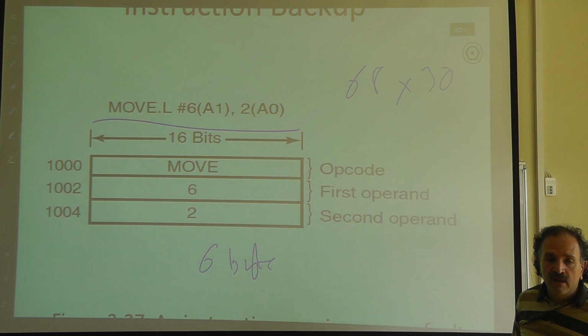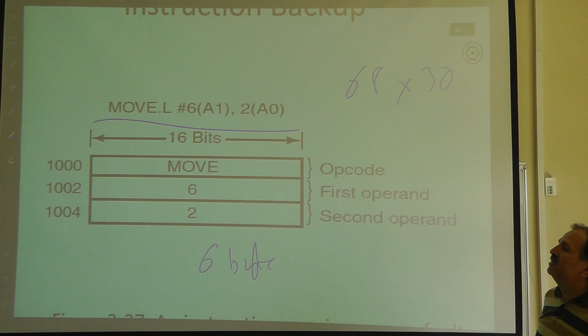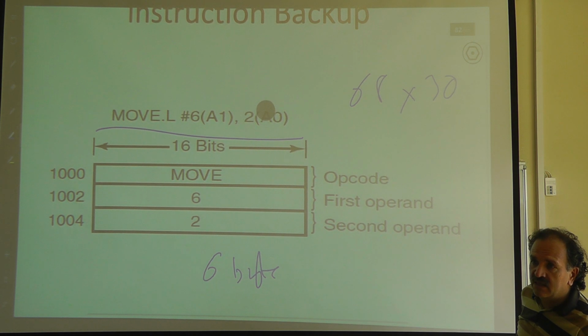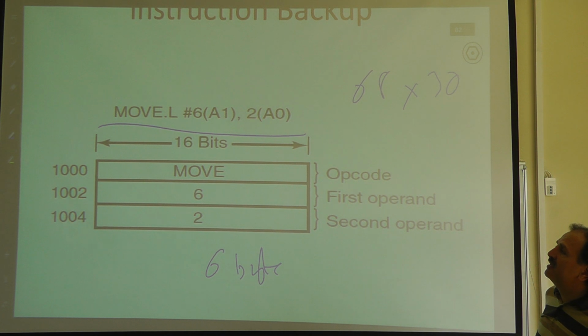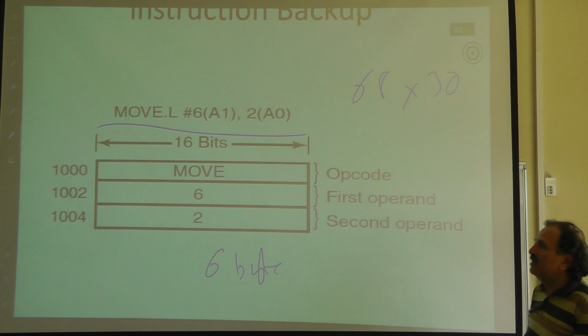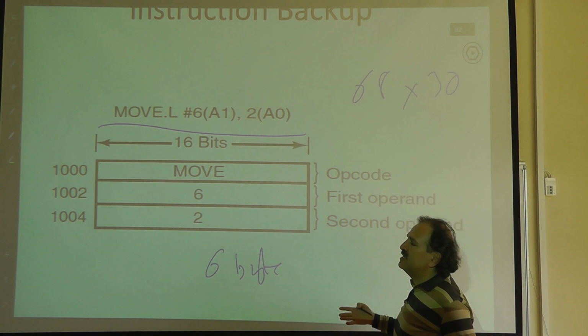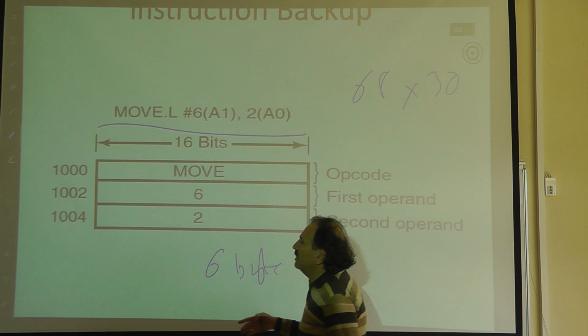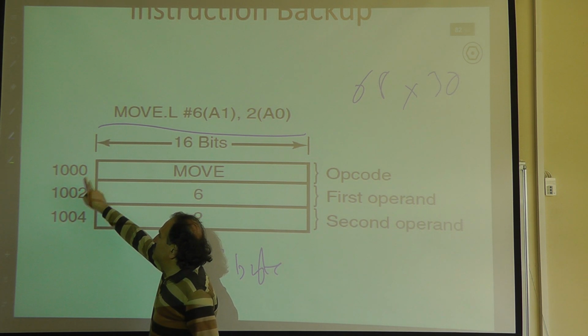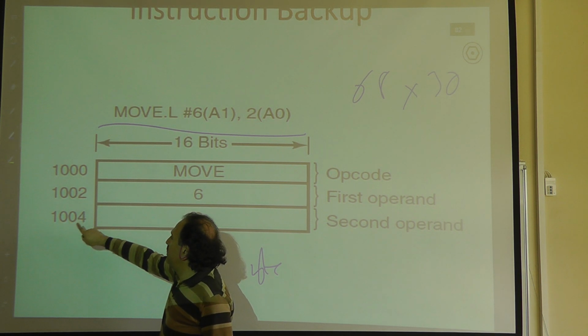So this instruction can cause a page fault in 2 places. Either this memory reference causes a page fault, or this one does. When this instruction runs and you get the page fault, you don't know which one caused it. You look at the PC, the program counter. When the page fault happens, the program counter could be at this position, or this position, or that position.